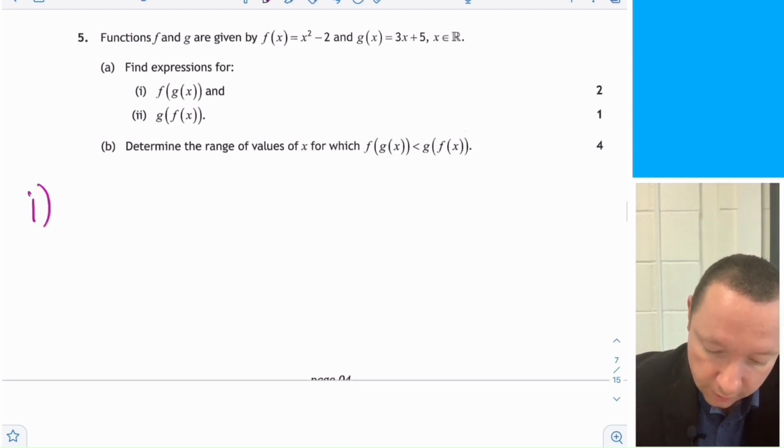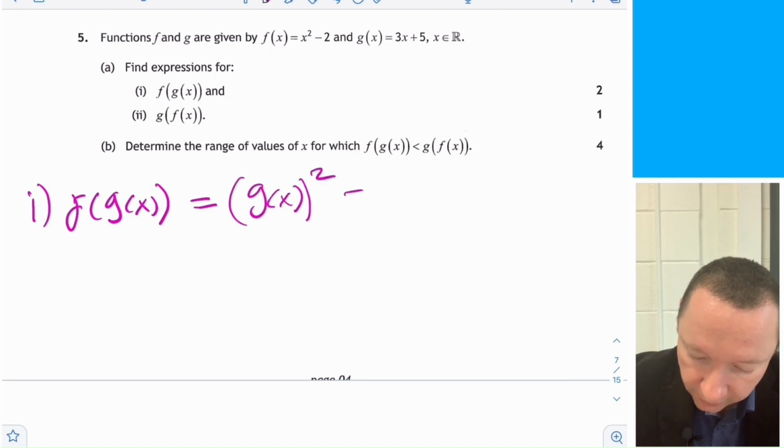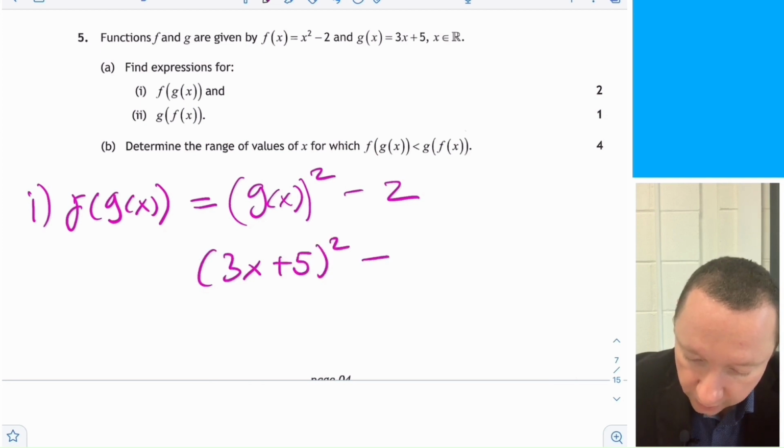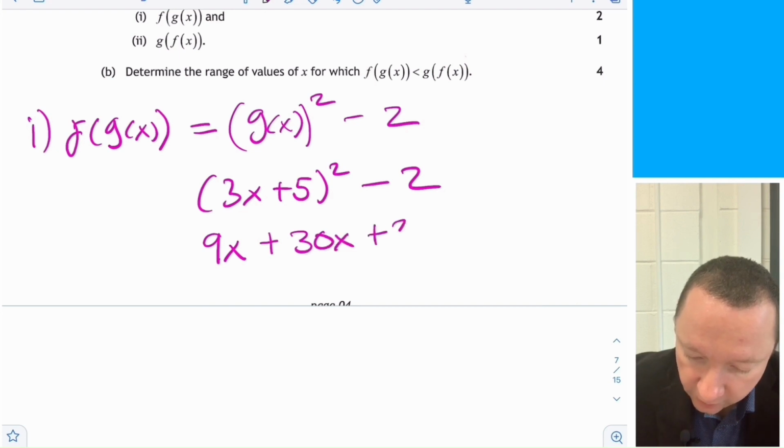Part 1. F of g of x equals, so we've got f of x is x squared minus 2, so we've got g of x squared minus 2, and g of x is 3x plus 5. 3x plus 5 all squared, take away 2. 3 3s are 9x squared, 3 5s is 15, times 2 is 30x. 5 5s is 25.